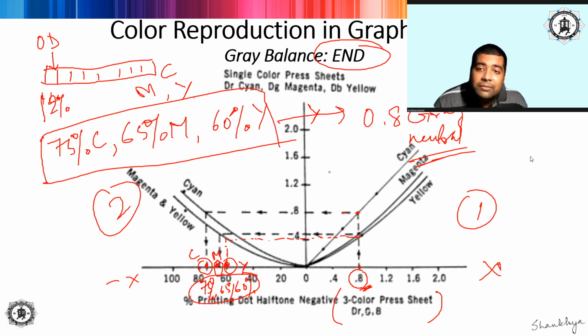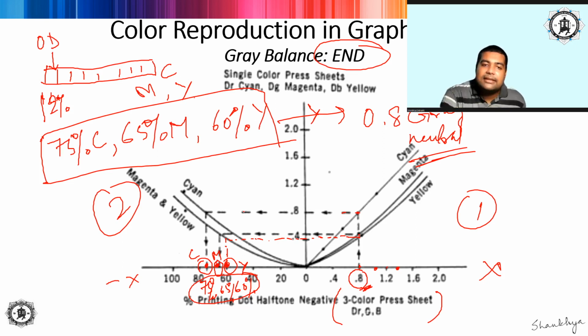The assumption is that if we take any point in the three color density axis, maybe this point, or whichever point we are considering, and we measure the density of the three color press sheet in that particular region, the resulting densities obtained using different color filters, that means red, blue and green filters, will all give the same reading. This you have to understand. Why am I saying this?